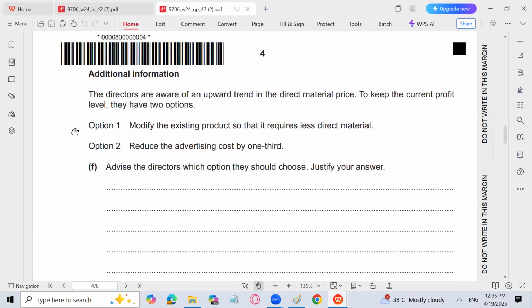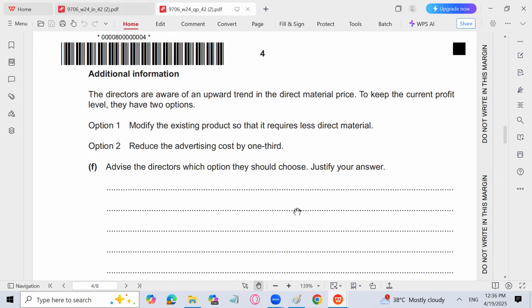So if you modify the existing product, maybe the customer will not be attracted to that much. Maybe the quality of the product will reduce. Maybe your overall sales volume will decrease, right? And because less direct material is going to be used, even if the material is expensive, our variance will still be positive.